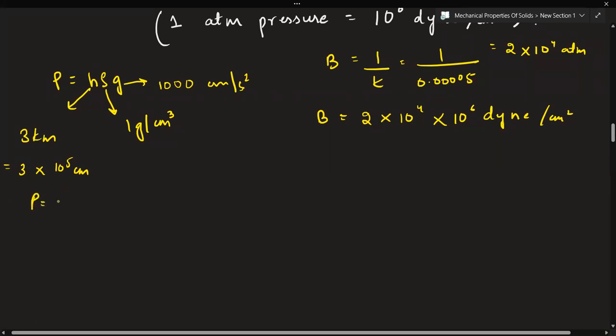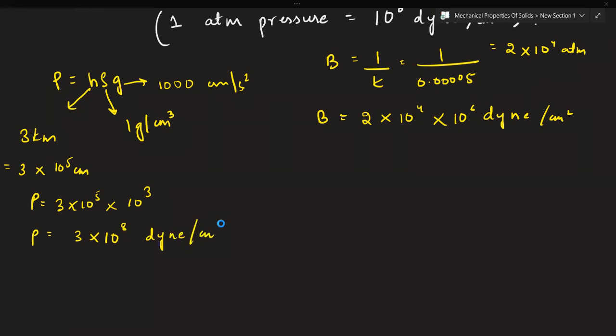So now if you calculate the pressure from all the data given, that would be equal to 3 into 10 to the power 5 multiplied by 10 to the power 3, just for 1000. So this gives 3 into 10 to the power 8 dyne per centimeter square.